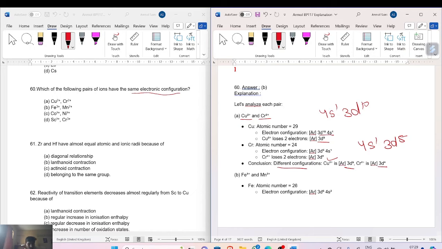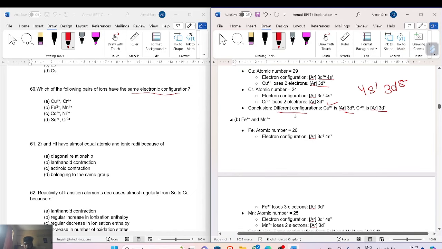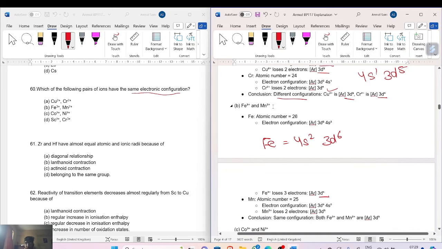Okay, so now let's come to the B part. The B part is Fe3+ and Mn2+. First of all we will write for Fe. Fe will be 4s2 3d6. Now when 3 electrons are removed, it will become argon 3d5. Now the second one is Mn2+.